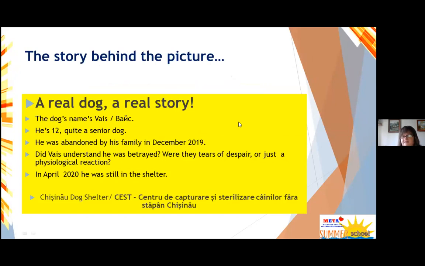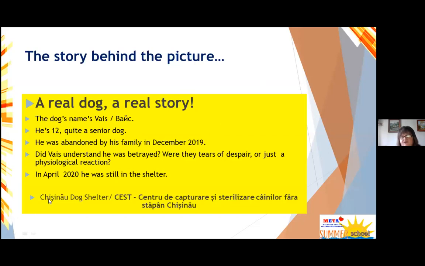He was abandoned by his family in December 2019. I don't know whether Vice understood he was betrayed. I don't know whether the tears in his eyes were the tears of despair or just a physiological reaction. However, that dog was betrayed, in my opinion. And when I got in touch with Roman in April, the dog was still in the shelter.